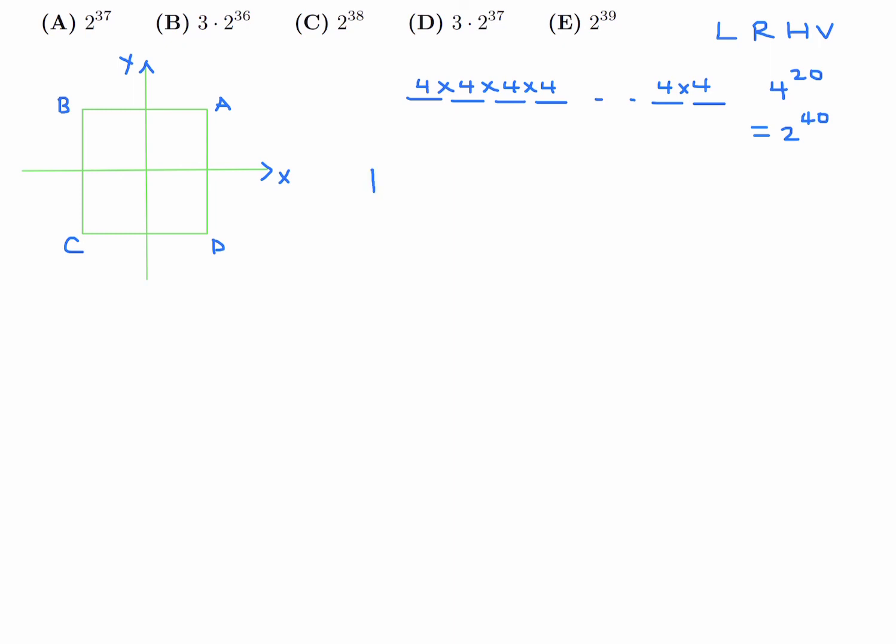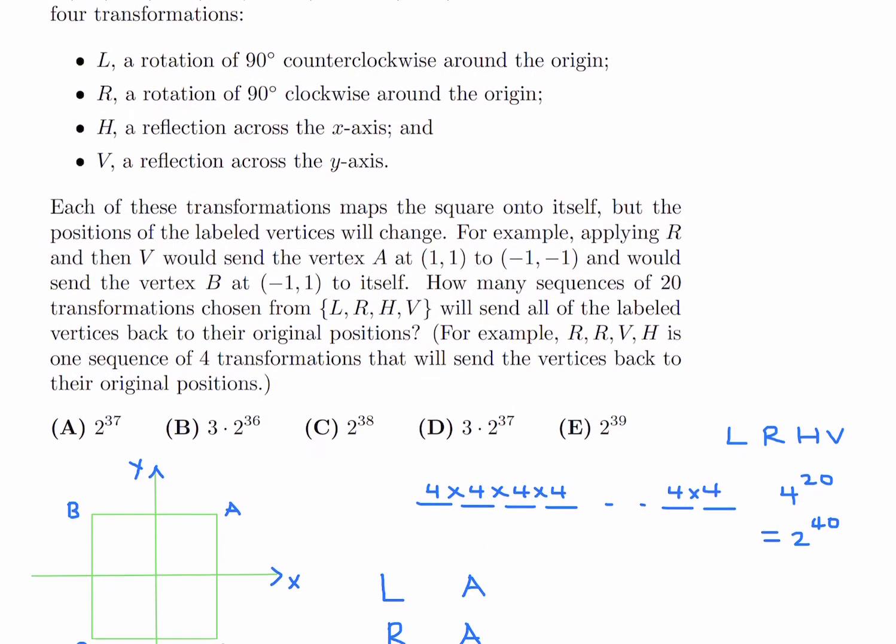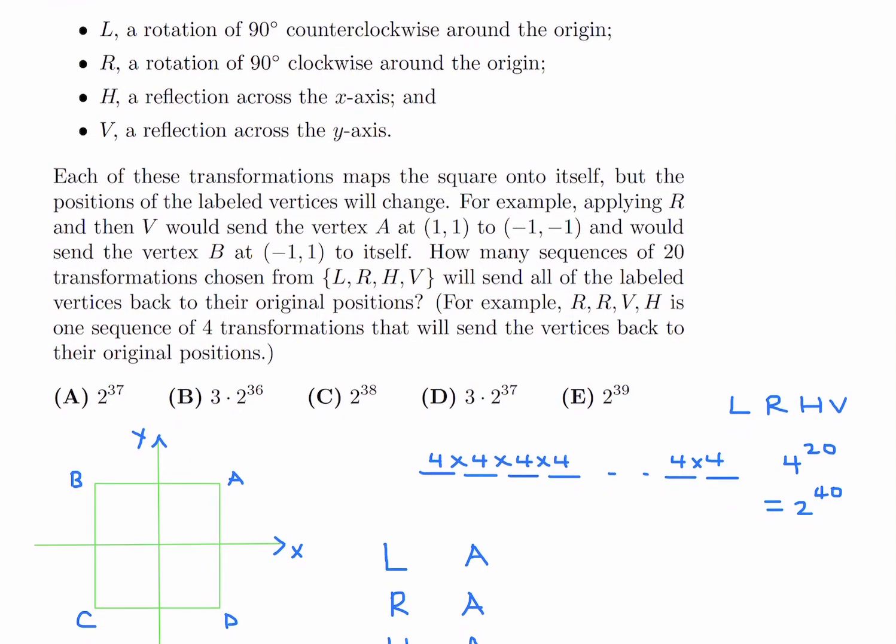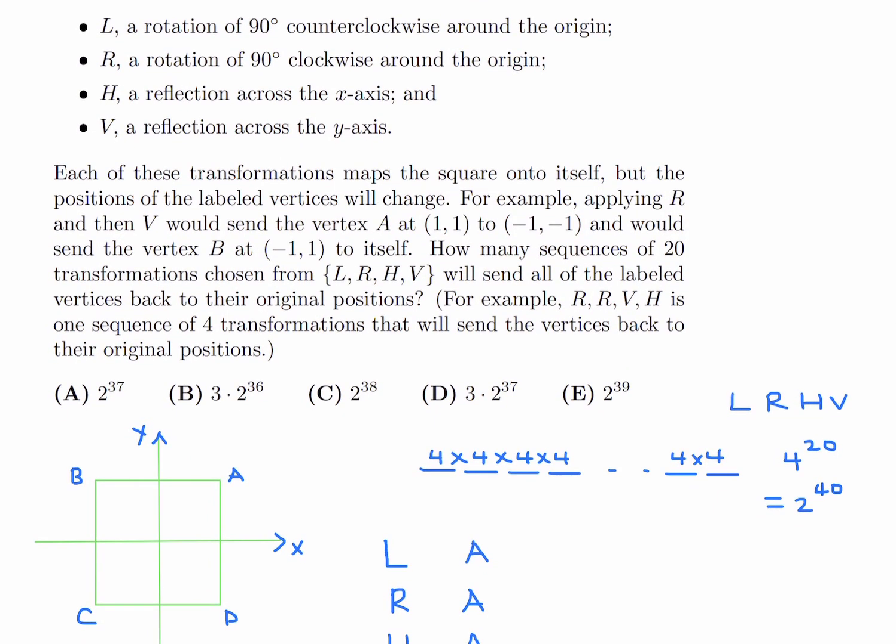Now, what I'm going to do is concentrate on what happens when I make a transformation. So let's just choose A. What happens to A when I make each of these transformations? Well, L, what is L actually? I think I forgot. It's a rotation 90 degrees counterclockwise, okay? So it would go from there to there. This is 90 degrees.